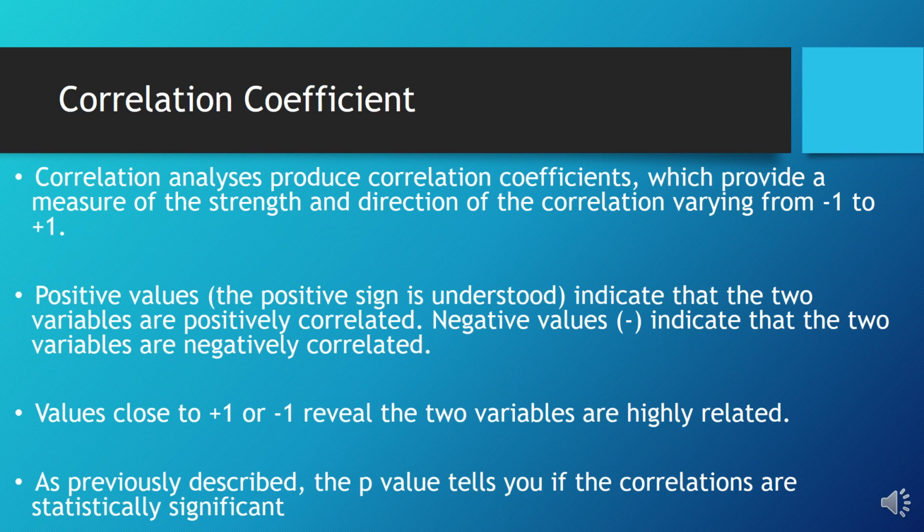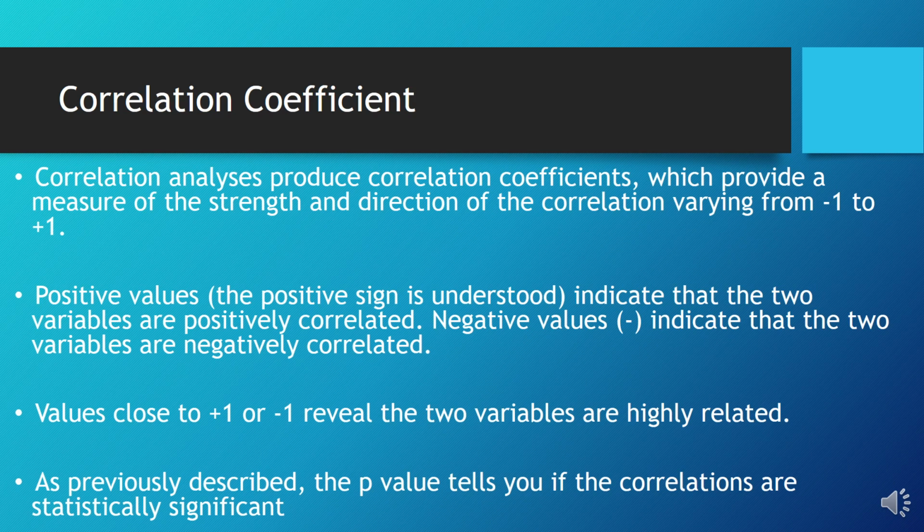Correlation coefficient. Correlation analysis produces correlation coefficients, which provide a measure of the strength and direction of the correlation, varying from -1 to +1. Positive values indicate that the two variables are positively correlated.